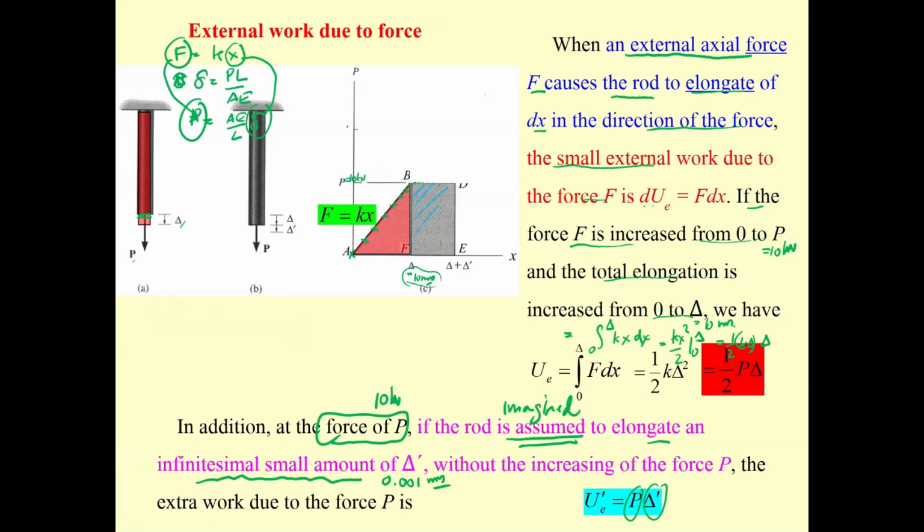Then the concept again, maybe in reverse: here we take the constant P with a very small deformation, and next time, for a given deformation, we increase the force by a very small amount, and that's going to be the concept of virtual work later.